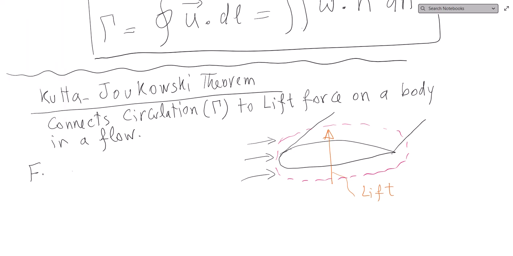Okay, so this, if I call FL my lift force, is actually rho u gamma. I will drop the infinity, but this is the density of the fluid, free stream.